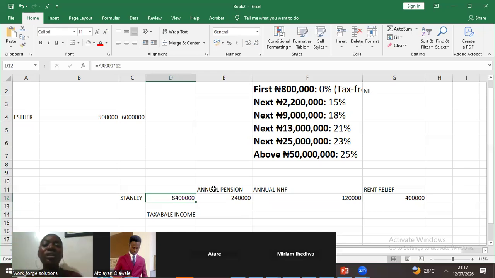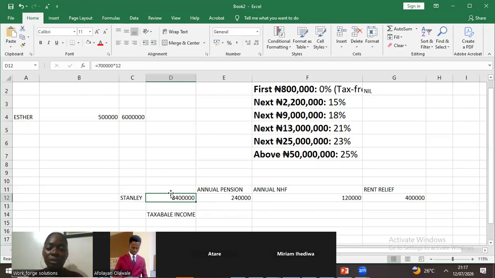Yes. Okay. Now, the new tax law is saying we are not going to tax this gross because the employee does not really go home with this gross. So why tax it? So let's remove all the pension, NHF, and NHIS.